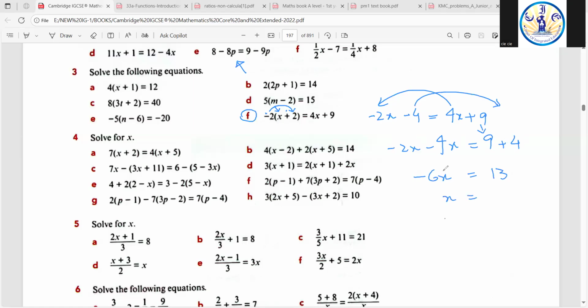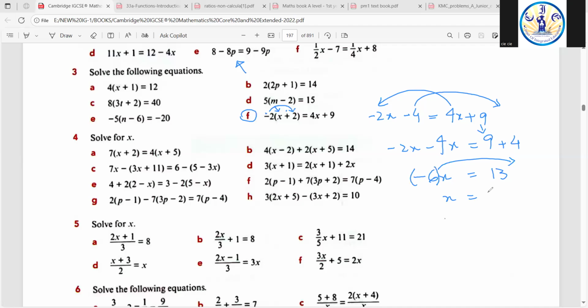And for the value of x, you need to observe that when I'm shifting this negative 6 to the other side, the coefficient of x is negative 6. It is not x minus 6. If it had been x minus 6, when we shifted this minus 6 to the other side, that would have given us 13 plus 6. But since this isn't the case, we have negative 6 being multiplied with the variable x.